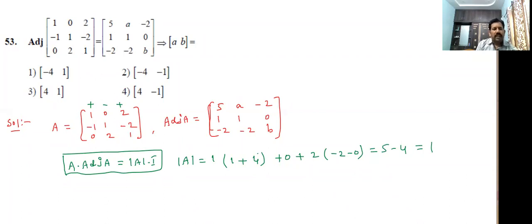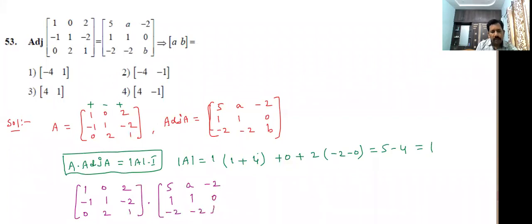Now, A into adjoint A. What is the A matrix? 1 0 2, minus 1 1 minus 2, 0 2 1, into adjoint A, which is 5 A minus 2, 1 1 0, minus 2 B. That is equal to det A into I. The det A value is 1, so 1 into the identity matrix: 1 0 0, 0 1 0, 0 0 1.